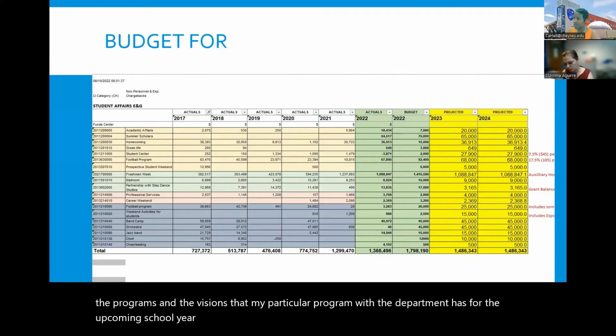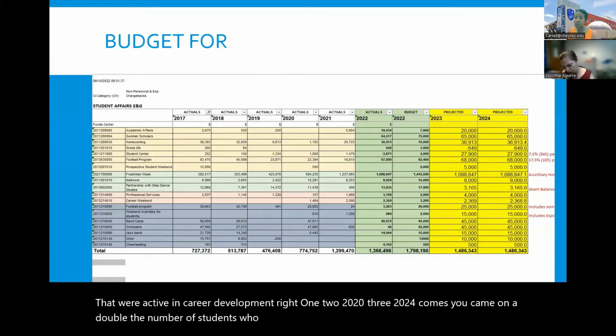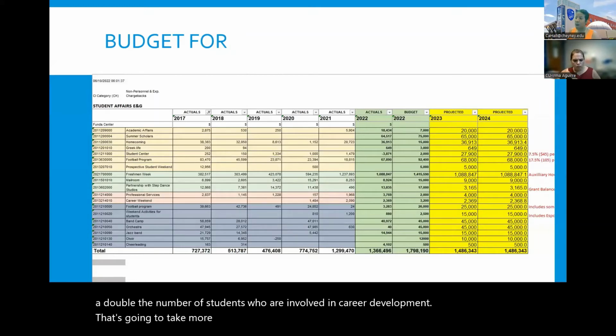Because the job is always to scale up. So last year you had 120 students that were active in career development, right? Well, when 2023, 2024 comes, you may want to double the number of students who are involved in career development. That's going to take more money, because you're not always going to be able to raise all the money, right?